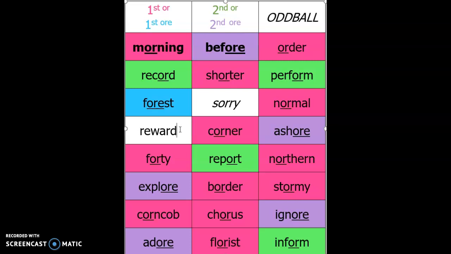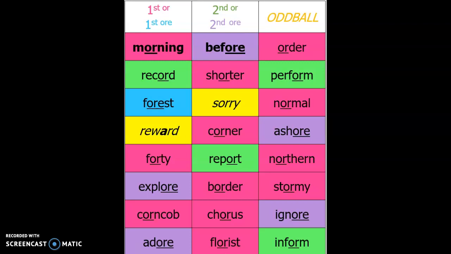It has that or kind of sound to it, but the pattern, the A, makes it different. So those are your oddballs. And if you want, you can definitely make that a final color. Maybe I'll fill these 2 in with yellow. They do not fit any pattern.